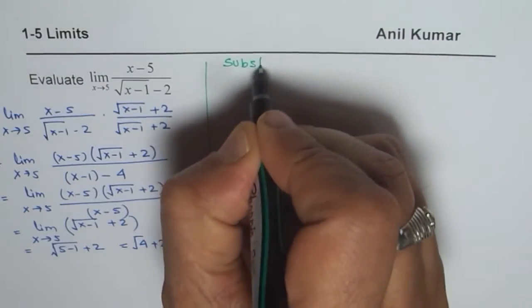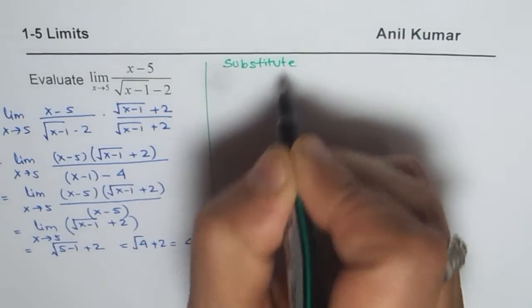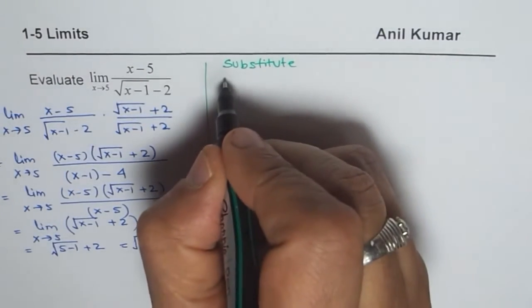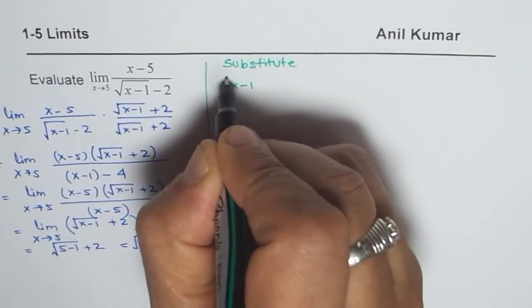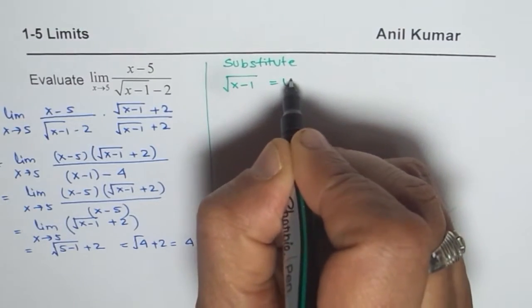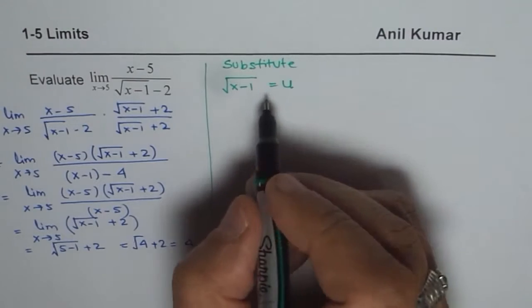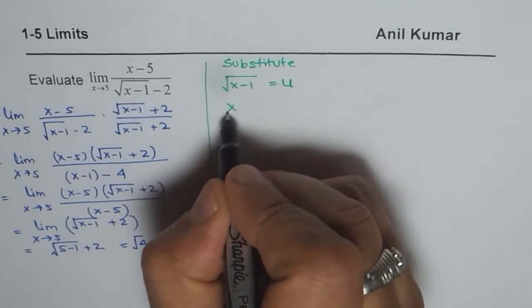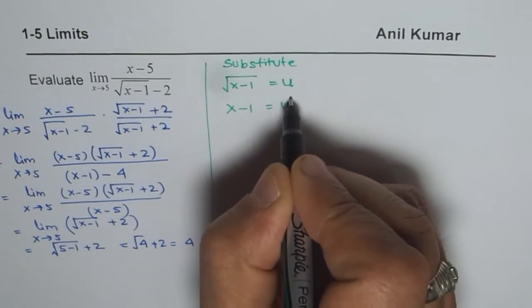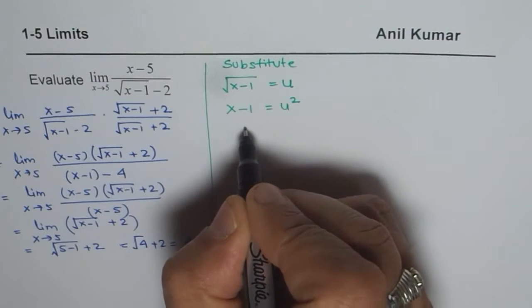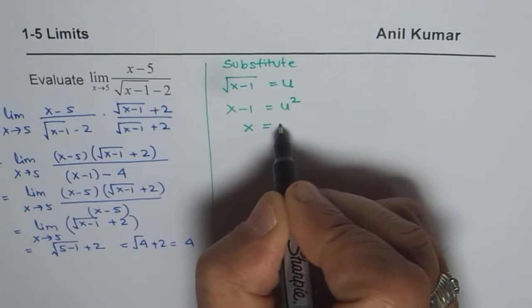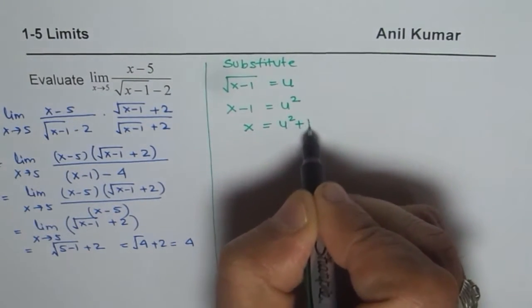So we'll substitute square root of x minus 1 as, let us say, u. Right? So that is the substitution we have done. So if you do this substitution, then you can write x minus 1 equals u squared, or you can say x equals u squared plus 1, correct?